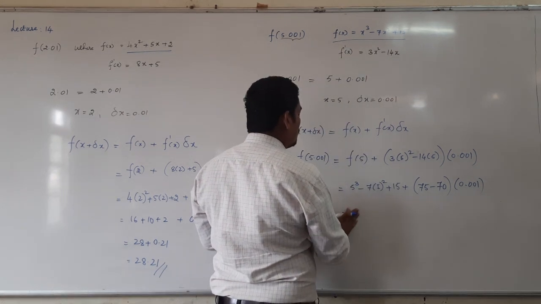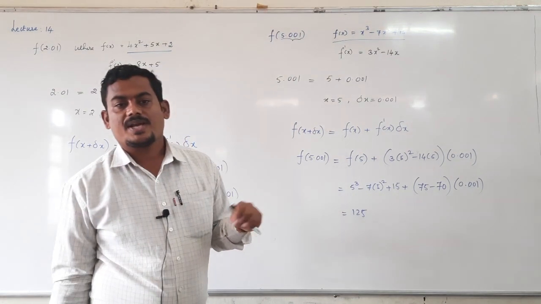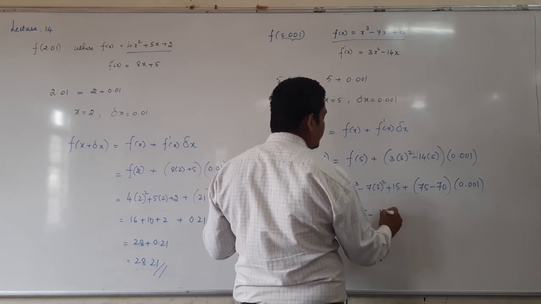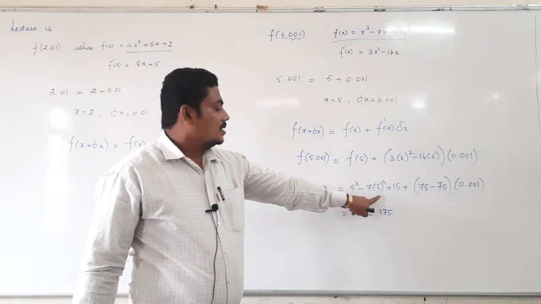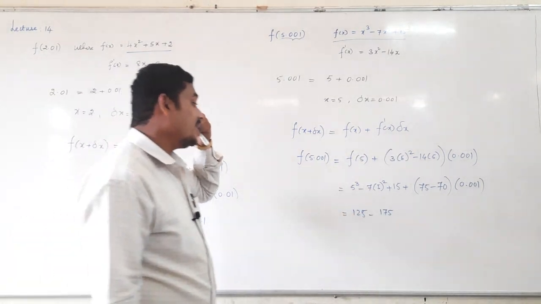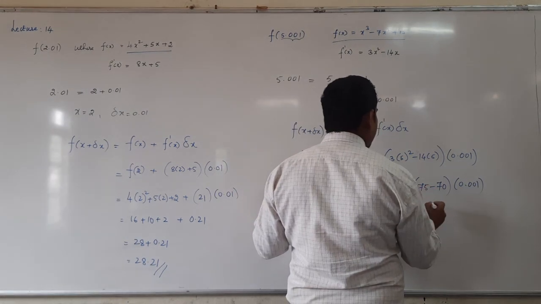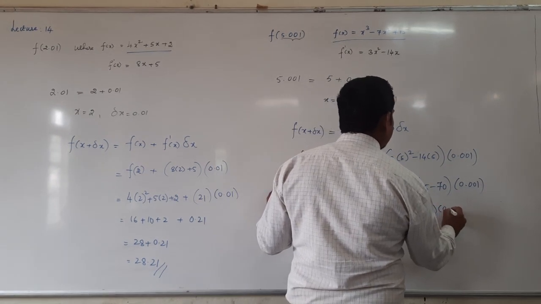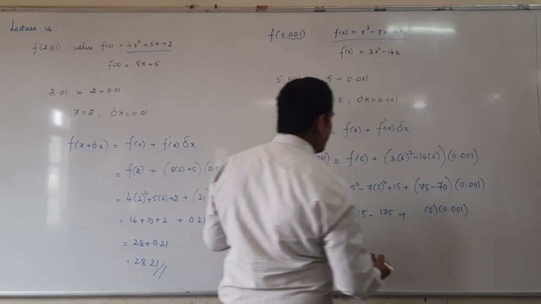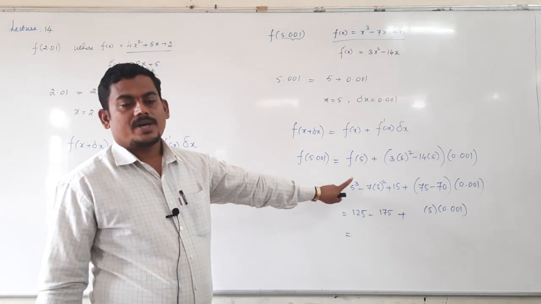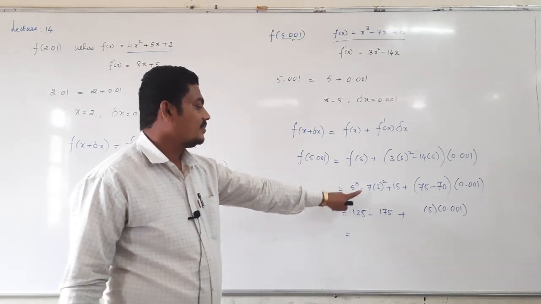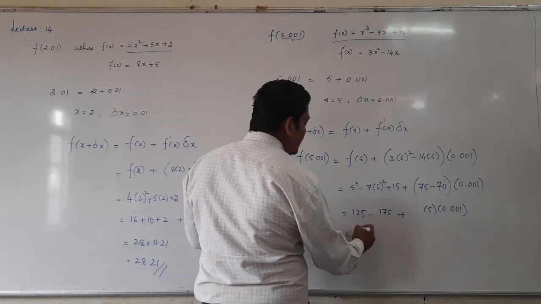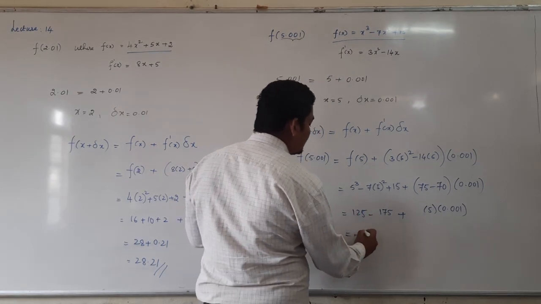That's equal to 5 cube, that is 125, 5 into 5 into 5, minus 175, 25 sevens are 175, plus 15, plus 75 minus 70 means it is 5 only, 5 into 0.001. 5 into 5 is 25, 25 into 5 is 125, 25 into 7 is 175, so it is minus 50 only, right?